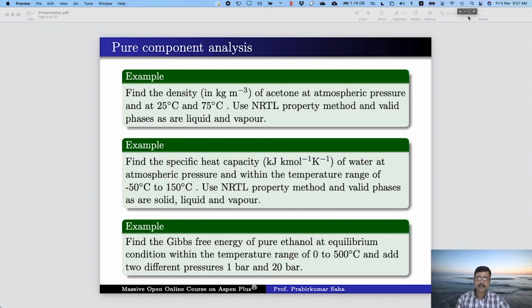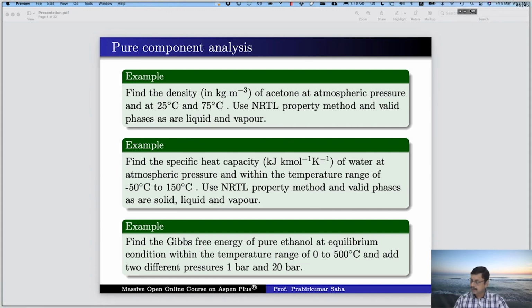The first example is about finding the density of acetone at atmospheric pressure at two temperatures. One is 25 degrees centigrade and another is 75 degrees centigrade. We can take the property method, which is inertial property method, and valid phases are liquid and vapor.